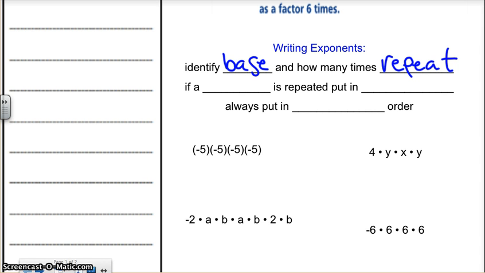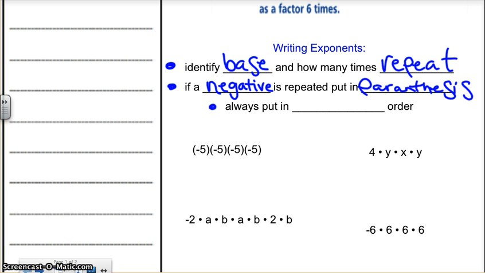This is like bullet 1, bullet 2, bullet 3 of main ideas of writing exponents. If a negative is repeated, that means it's part of the base. If a negative is part of the base, we need to tell it that it needs to stay home with the base. How we do that is we put it in parentheses, to tell the problem solver that they're going to be repeating it.